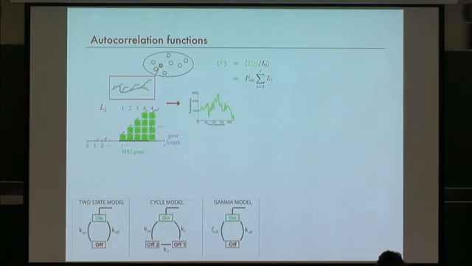basically calculated custom-made autocorrelation functions for the system, where we have the fluorescent reporter in front of or after the gene. It produces a fluorescent signal, which we can calculate using a model.